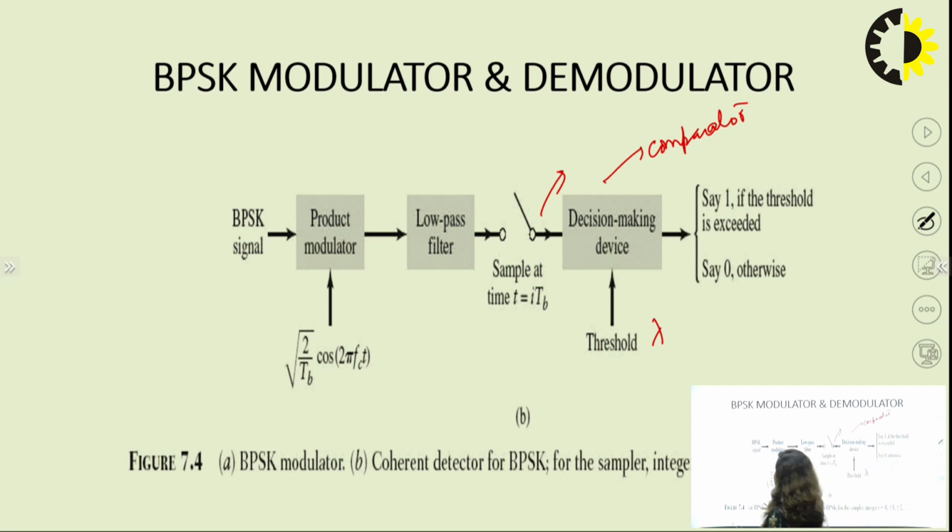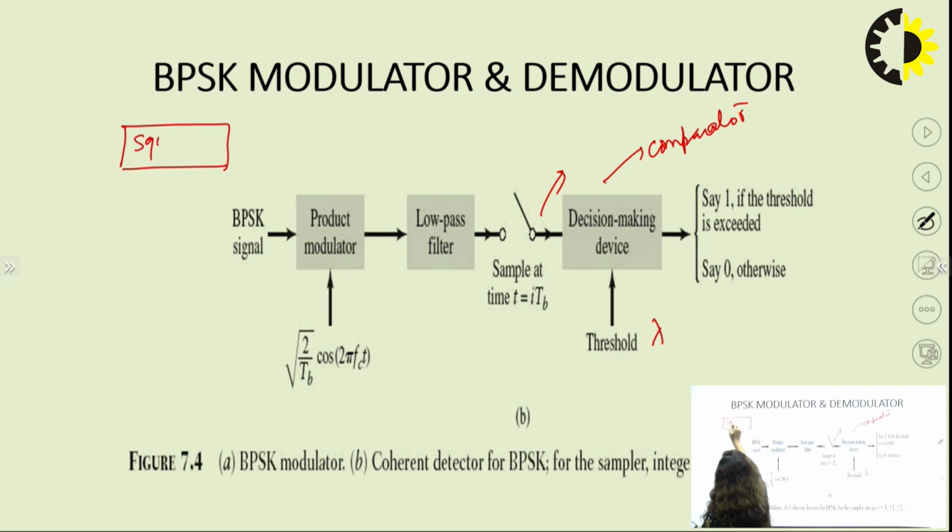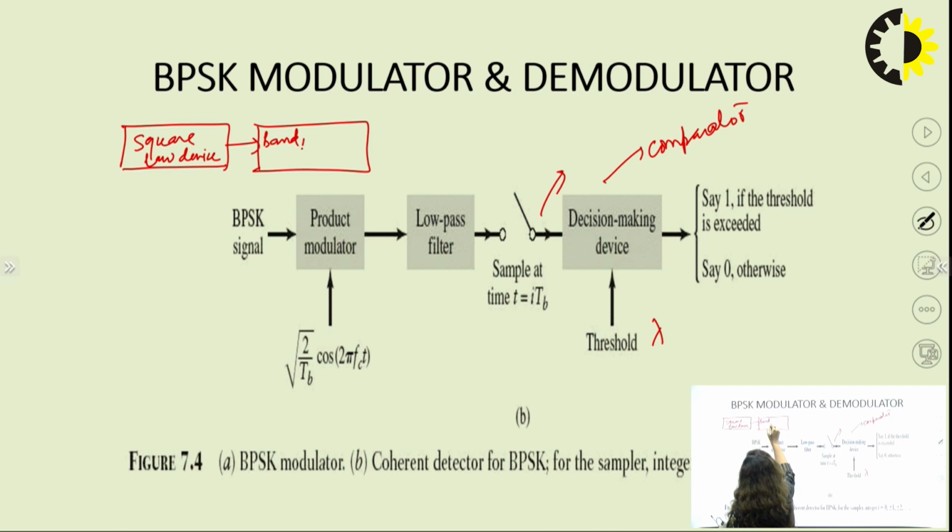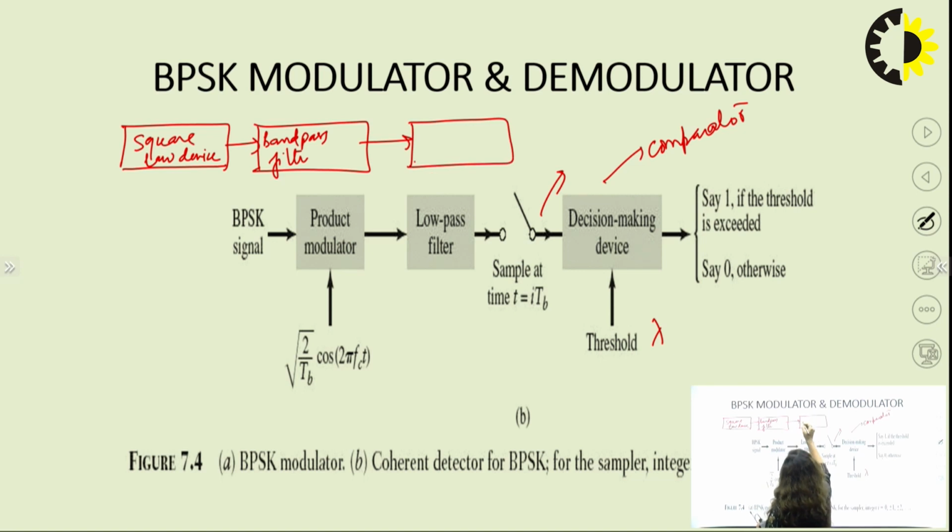We can also recover our carrier with these 3 blocks: first the square law device, then the band pass filter, then the frequency divider circuit, which divides by 2.